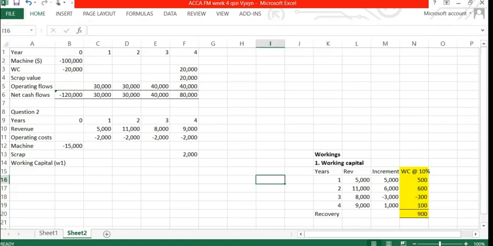According to the shaded column, you can see that in year 1 the working capital requirement is negative 500. And then in year 2, that's negative 600. Year 3, it becomes positive because we had a saving, and then negative 100.